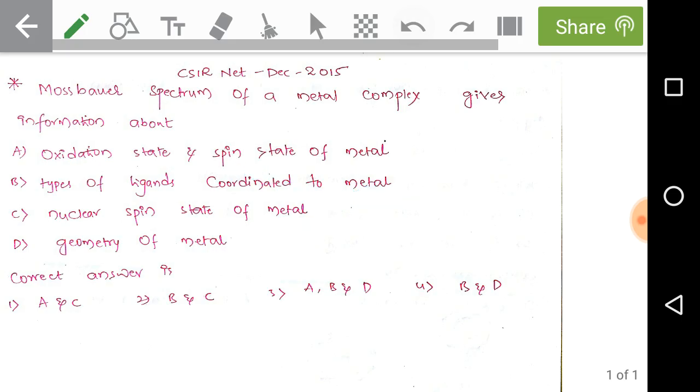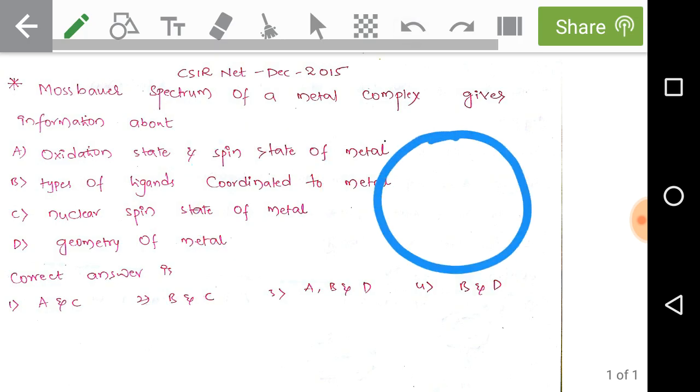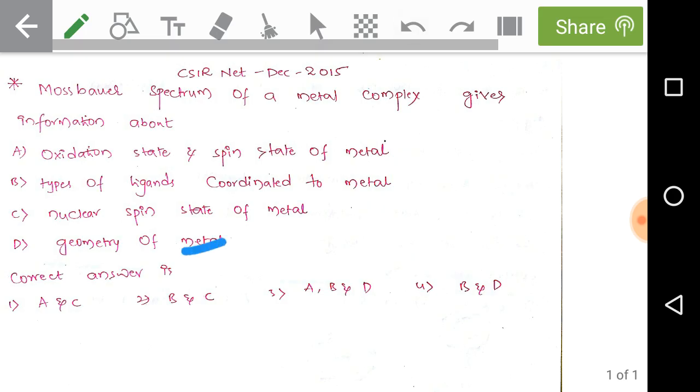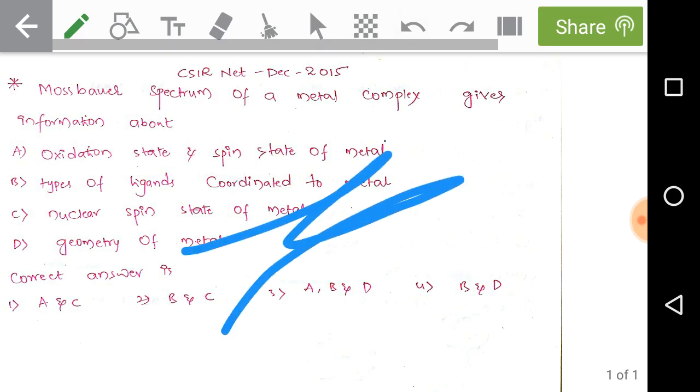Whereas if the symmetry of the metal complex or the electron distribution in its d orbital is non-symmetrical, if even one of them is non-symmetrical, then it leads to quadrupole splitting and it gives a doublet, or two signals, in the Mössbauer spectrum.